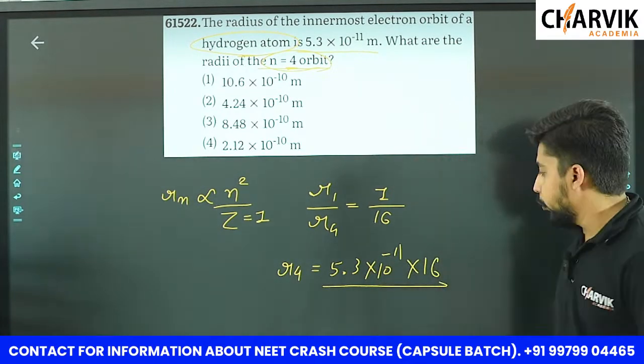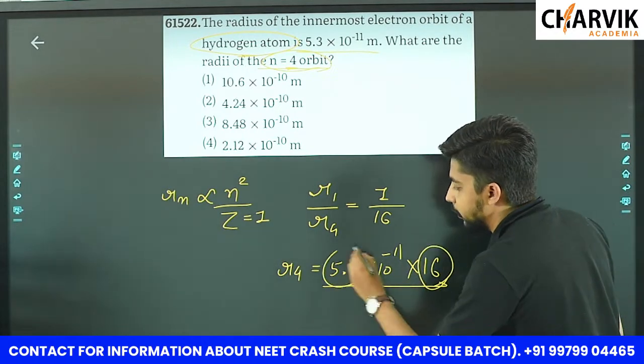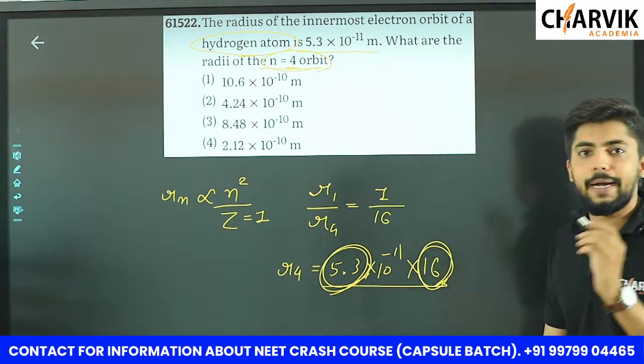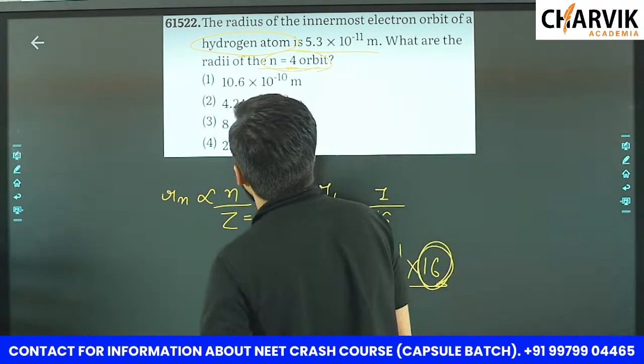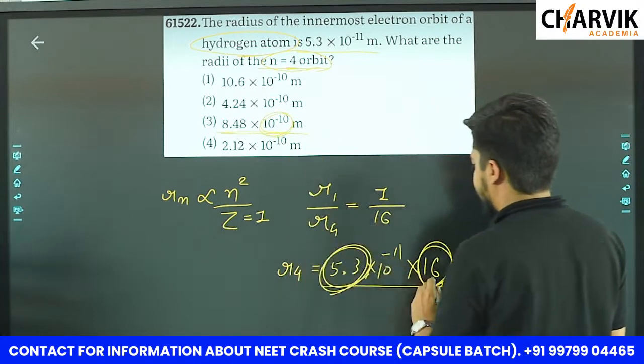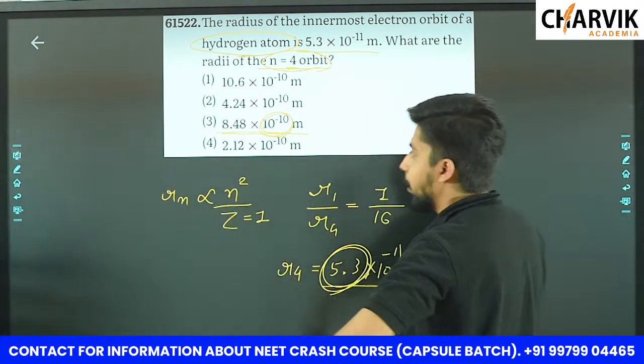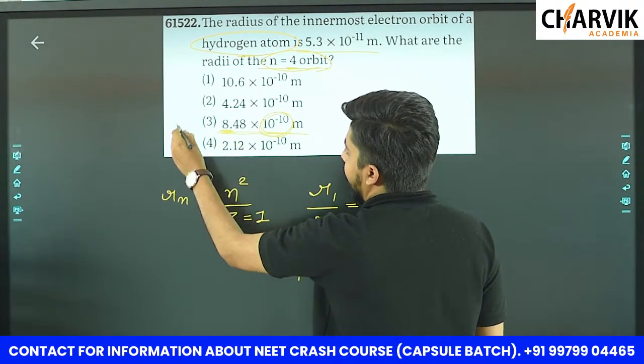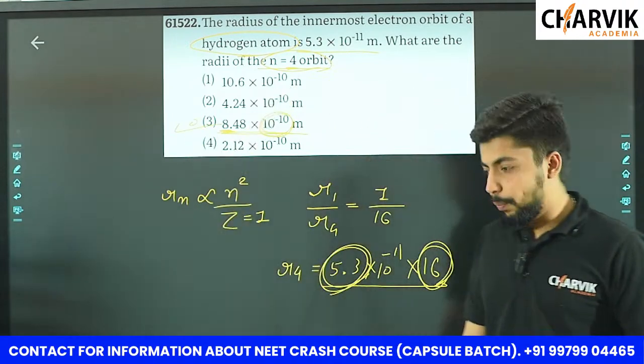From these values you can clearly observe that 16 into 5 is approximately 80, so your answer will be around 8 or 80. Here it is 10 raised to minus 10 because they have shifted the decimal point; otherwise the answer is near 8. So your answer will be the third option.